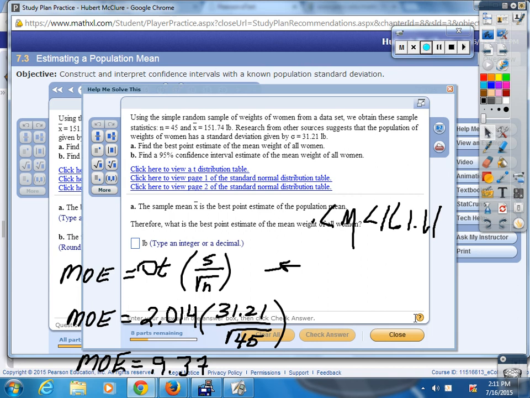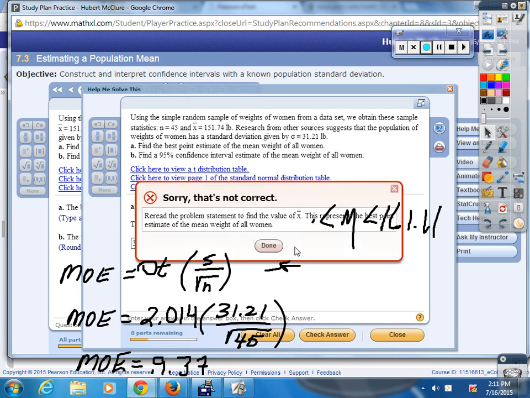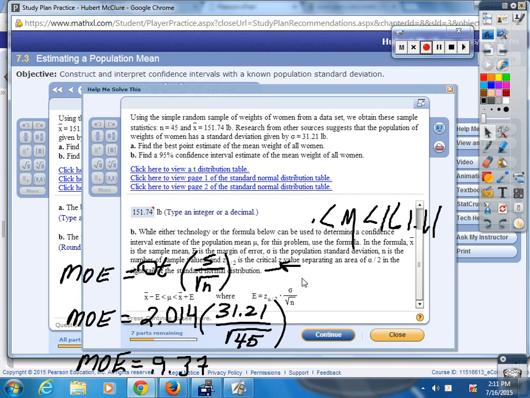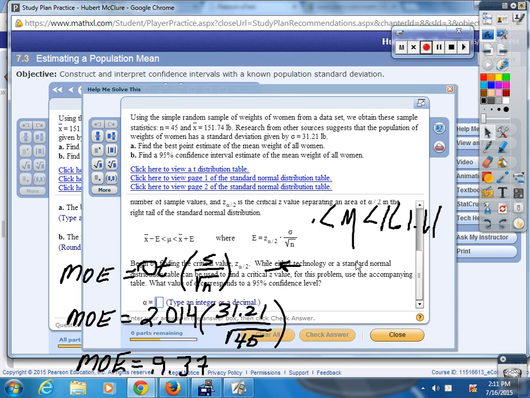Oh, I hate these things. All right, is that the formula we're using? Right there. Alpha is equal to point, they're using the z-table. Now, why are they using the z-table?